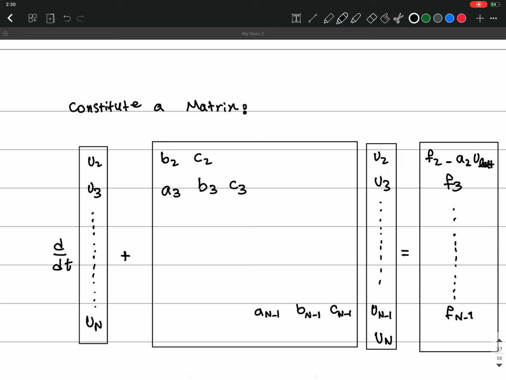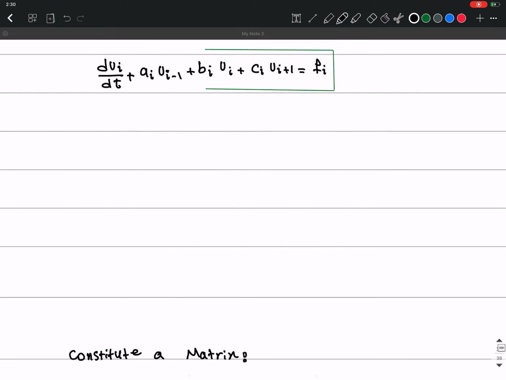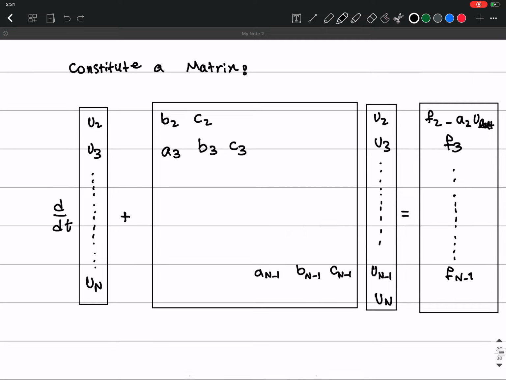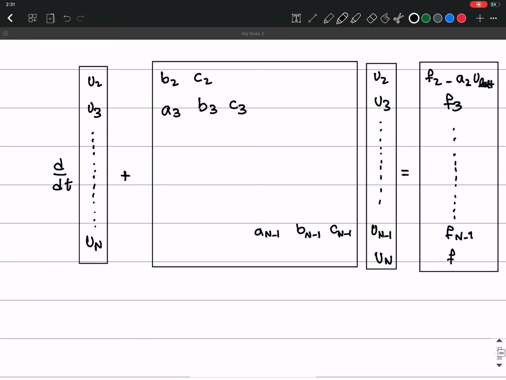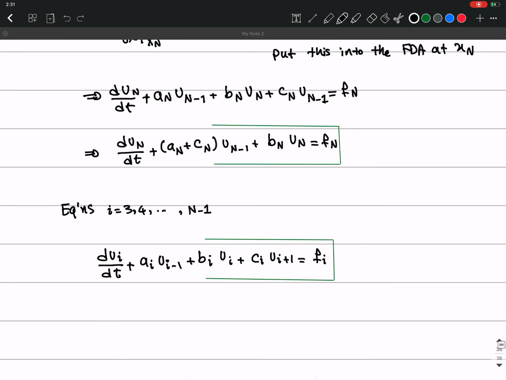Let me just do the last equation. The right hand side is just fn. The left hand side, dun over dt, which we already have, and here the only change is we don't have any term for un plus 1, which is a ghost term, a ghost cell.